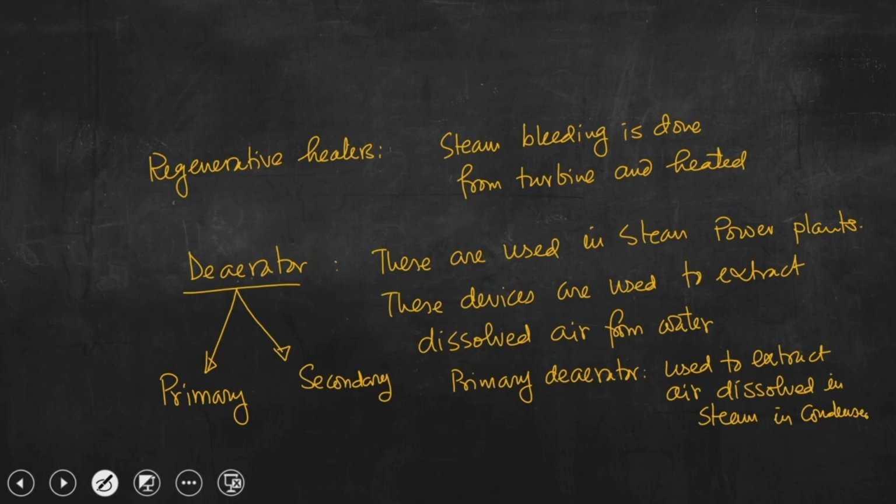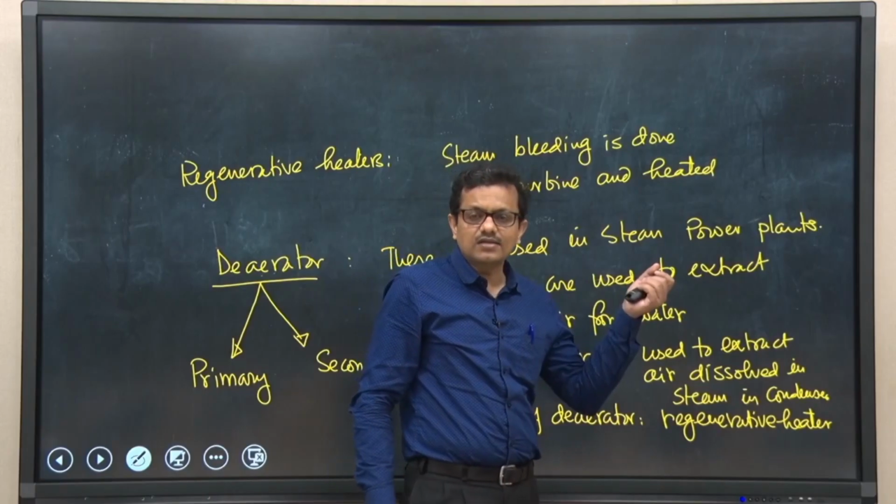So, the secondary deaerator is again a regenerative heater. Okay. So, that means the air which is present in the condensate, as I told you, condensers are operated at a pressure less than atmospheric pressure.